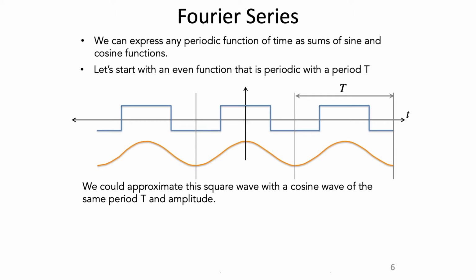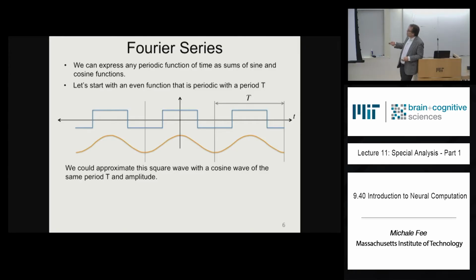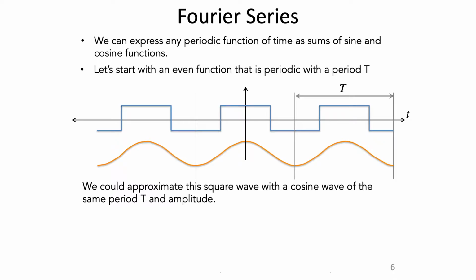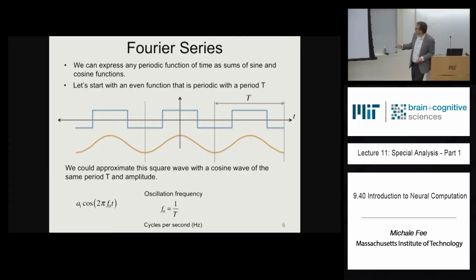We can approximate this periodic function as a sum of sine waves or cosine waves in this case. We can approximate that as a cosine wave of the same period and the same amplitude. So we can approximate as a coefficient times cosine 2 pi f naught t, where f naught is just 1 over the period. Right? So if the period is 1 second, then the frequency is 1 hertz, 1 over 1 second.